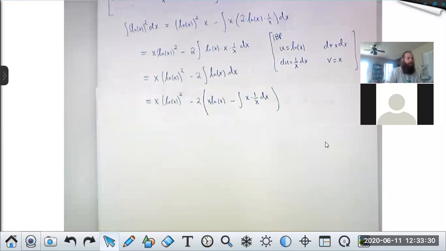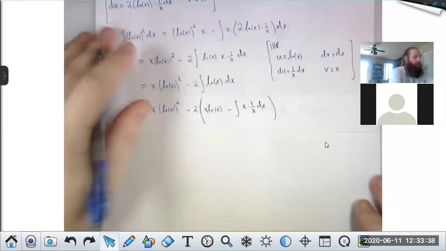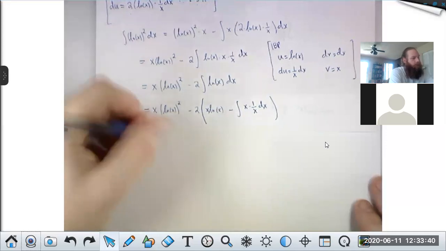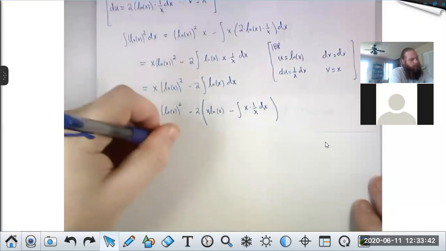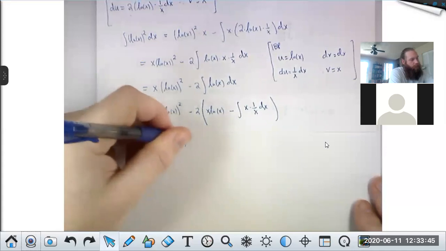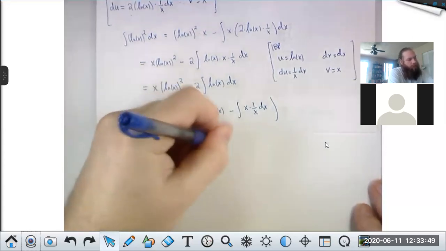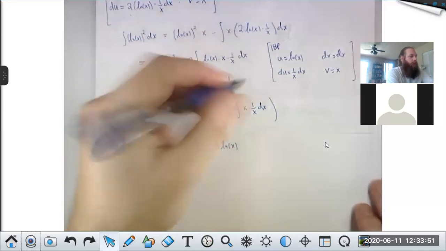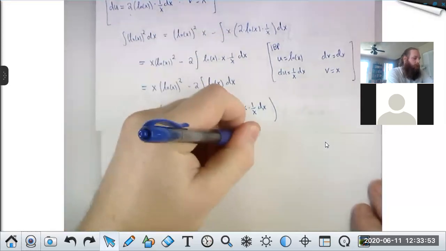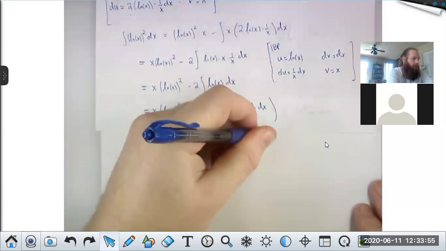So then that's x times 1 over x, which is just the integral of 1. Yeah. Integral of dx. So we get x ln x all squared minus 2 open paren x ln x, and then this is the integral of 1 dx, or just dx.